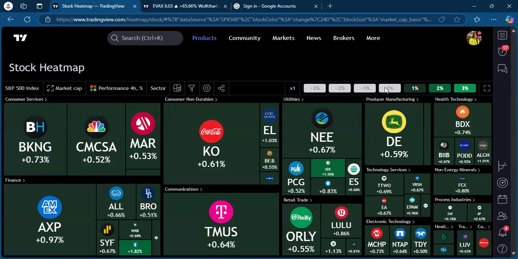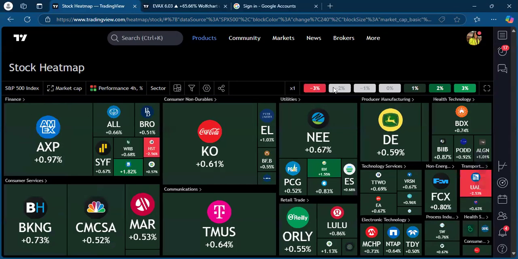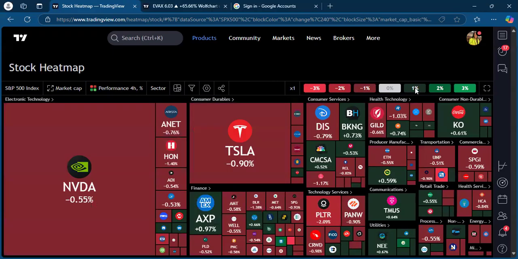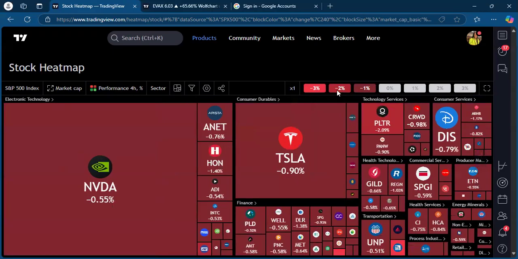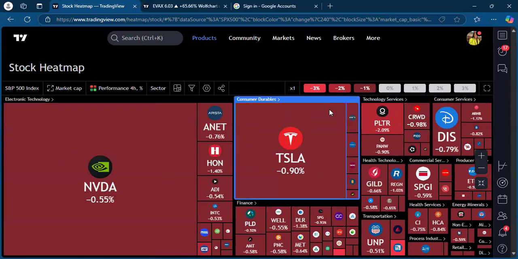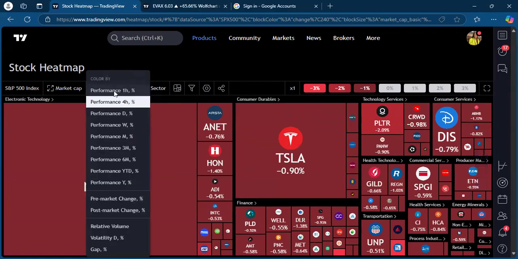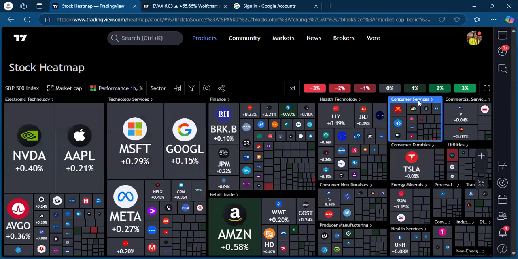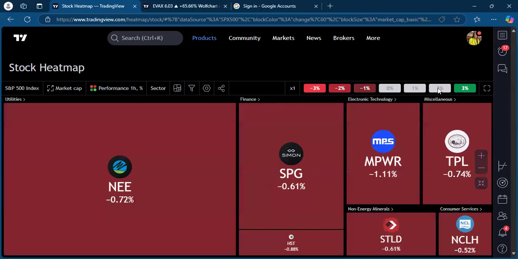And so you could do the reverse with your stocks that are down. All right. So you can see what's been trending down for that day, what had a little bit of a pullback in the 4 hour session, what had a little bit of a pullback in the 1 hour. Okay.